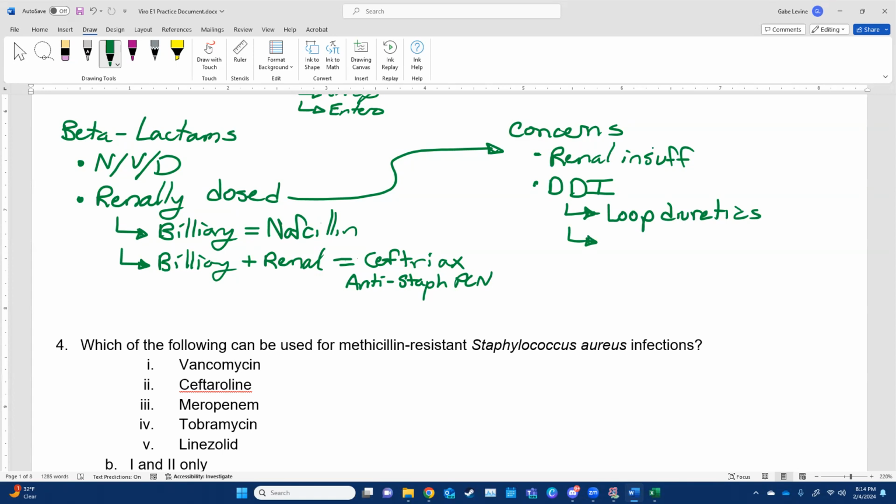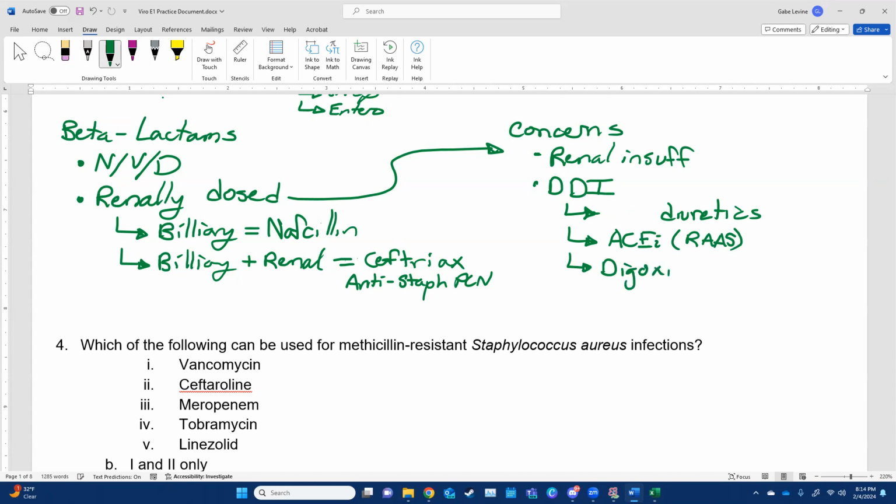Think sodium. Yep. ACE inhibitors. And really, we should just broaden this and say diuretics in general. ACE inhibitors, because these guys are affecting RAS, right?